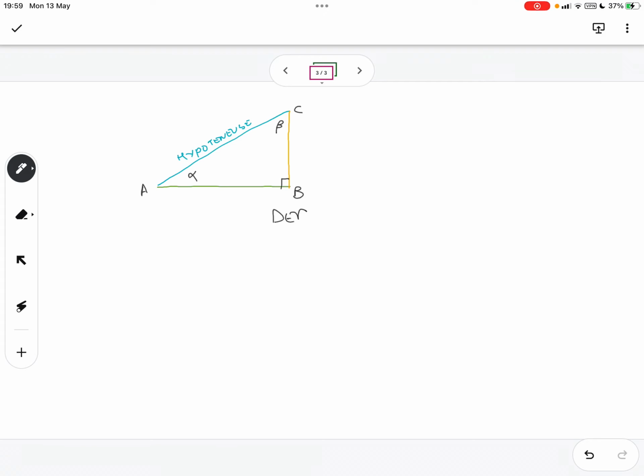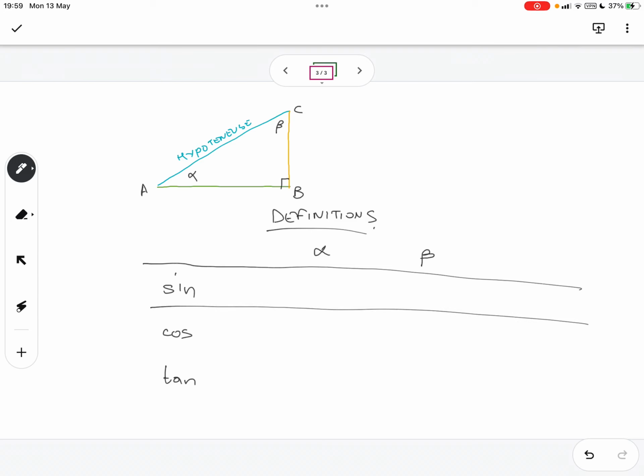So we're going to look at trigonometric definitions for alpha, and trigonometric definitions for beta. We're going to define sine, cos, and tan for alpha and beta.